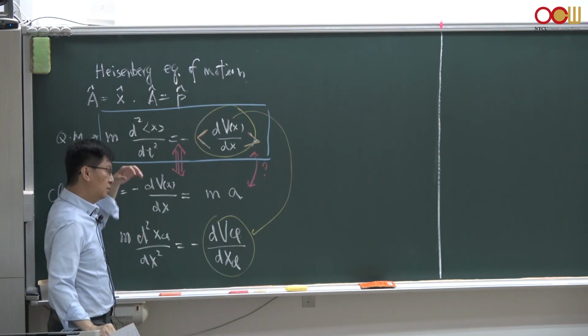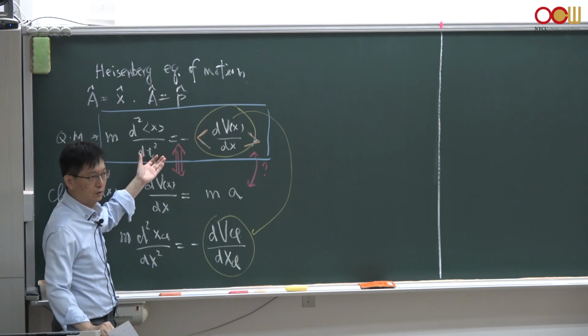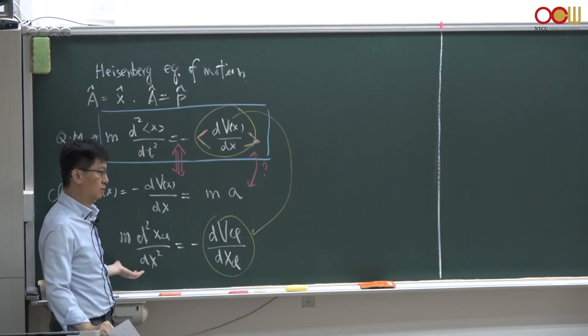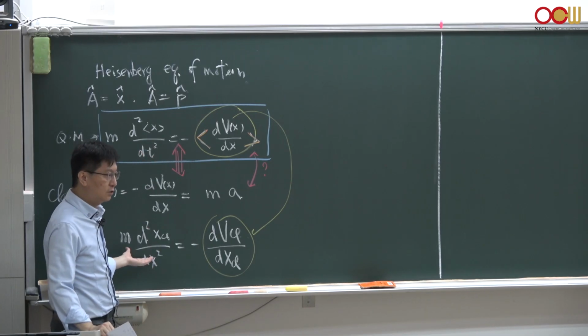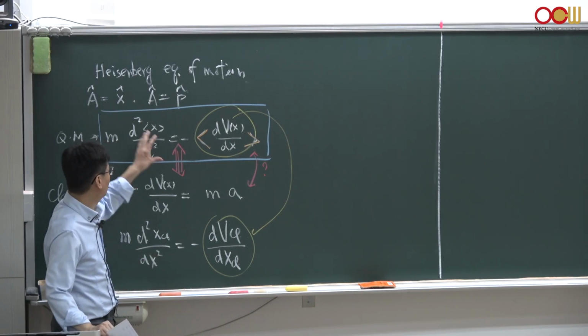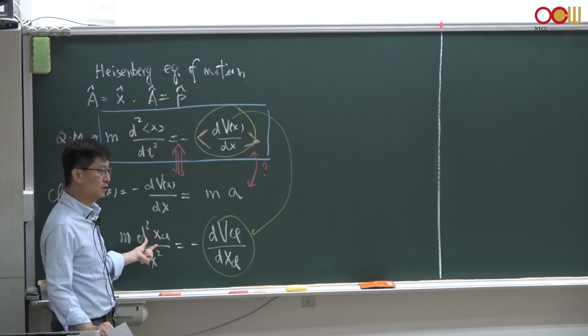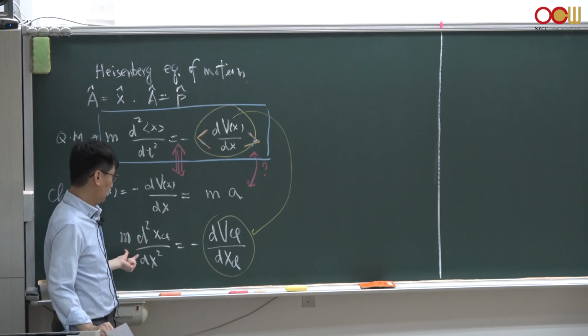So we want to make a link between this quantum version of the equation of motion and the classical Newtonian equation of motion. In Newton's equation of motion, this is what we're familiar with, right? There's no bracket, no expectation value, nothing. It's simply a classical vector, and the second time derivative of x classical times the mass is equal to the force.